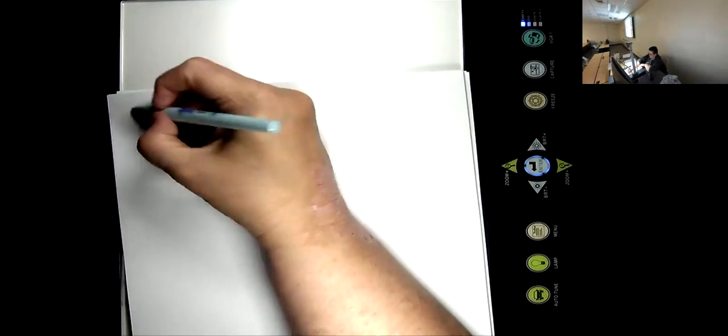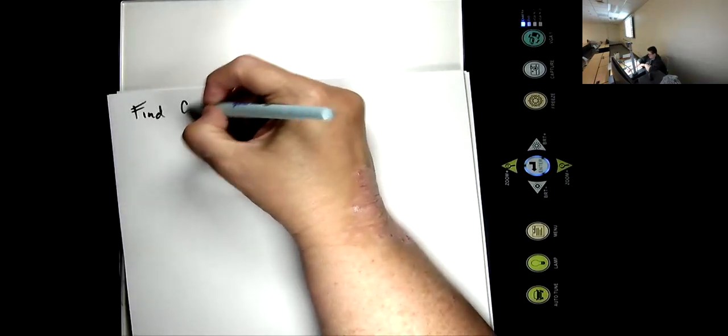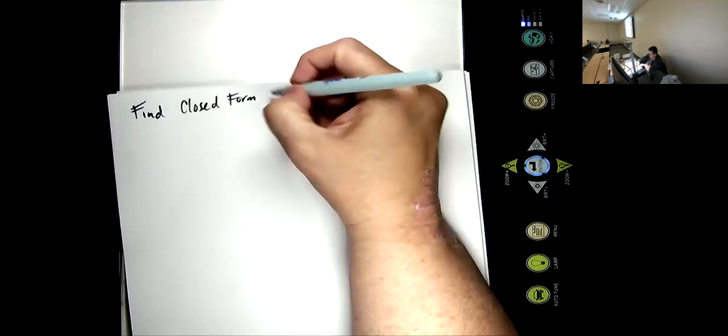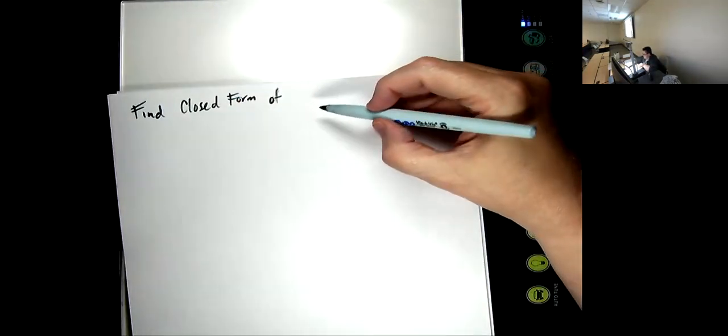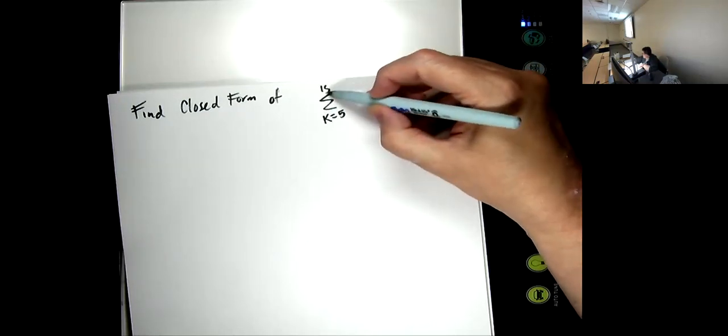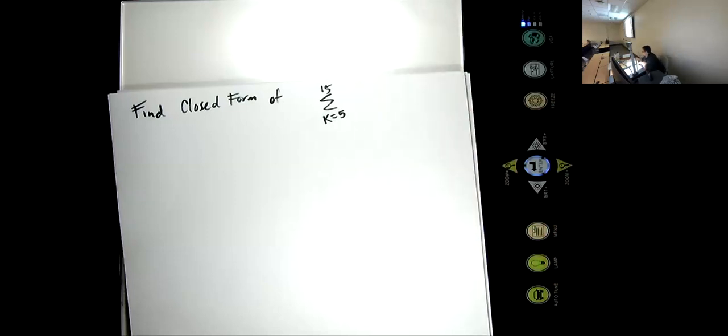Okay, so let's find the closed form of the summation of k equals 5 to 15 of 2k minus 3. Let's see, I want to make it one I know the answer to already.